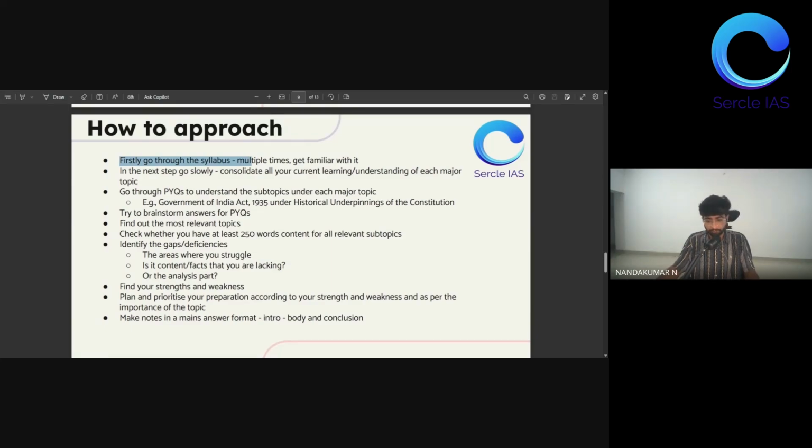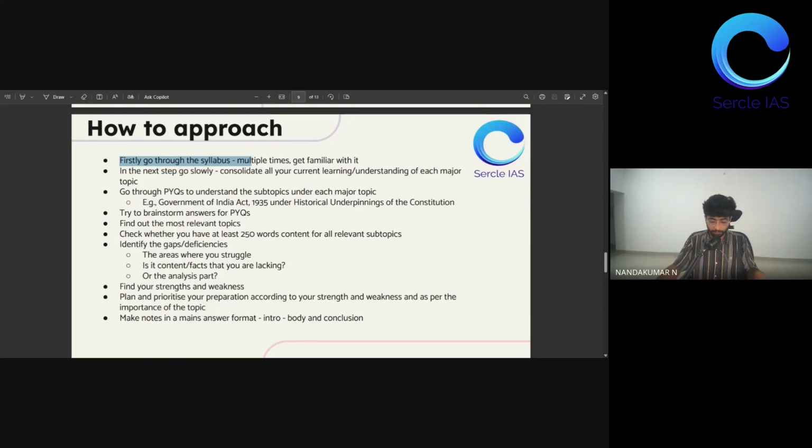But after reaching a point where you feel that this is almost by-hearted, then you can try to consolidate all your current learning or understanding of each major topic. For example, historical underpinnings of the constitution.